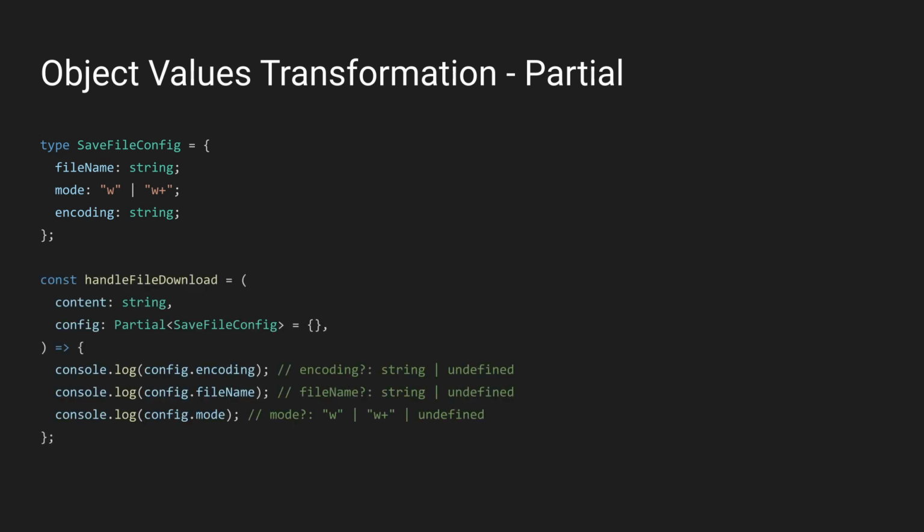In the example, we have a handleFileDownload function with the config parameter, which users can partially pass. Note how we assign an empty object as the default value of the config. When checking for the values of config keys within the function body, TypeScript will indicate that the value can either match the definition in the SaveFileConfig type or be optional, undefined.